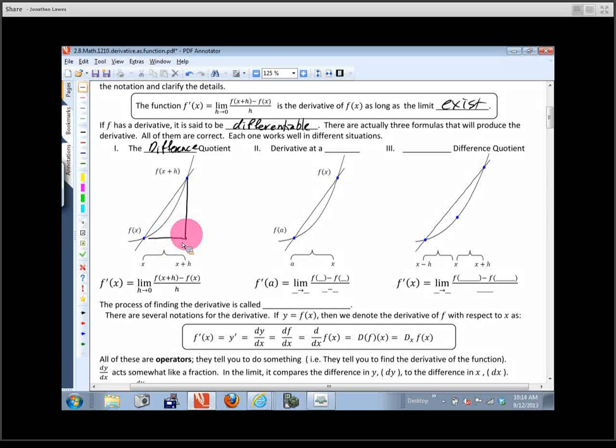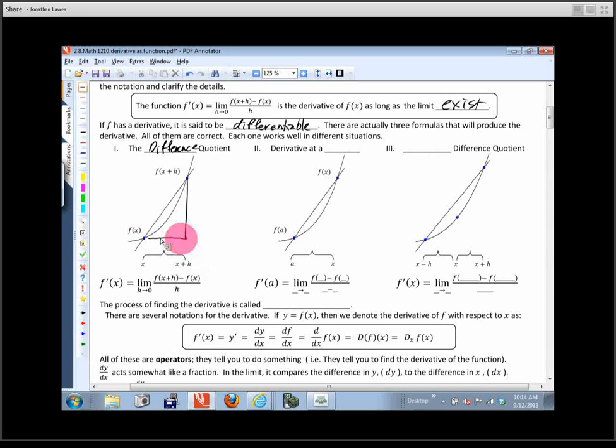This one's located at x, this one's located at x plus h, and we're computing the slope. The run, the difference in the x coordinates, is h. The difference in the y coordinates is f of x plus h minus f of x. And then we take the limit as, again, we're controlling this distance right here. We're shrinking h. We're letting h approach 0. Okay? So that we've seen before.